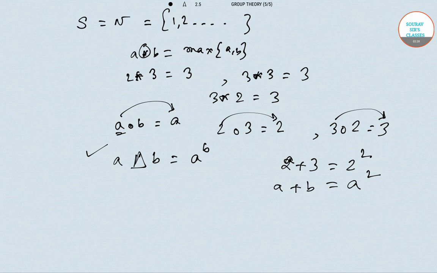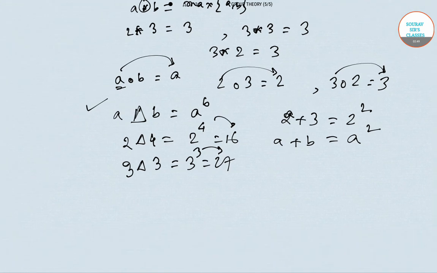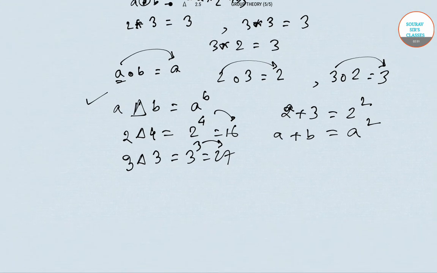This is not a simple mathematical structure, so you don't have to worry. If it is 2 and 4, this is simply 2 to the power 4. If it is 3 triangle 3, it is 3 cubed, 27, and this is 16. After this you can go on in a normal mathematical way, but this is the way to talk about a binary relationship. I hope I made myself clear.